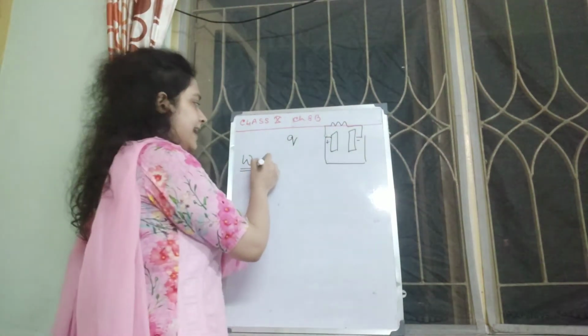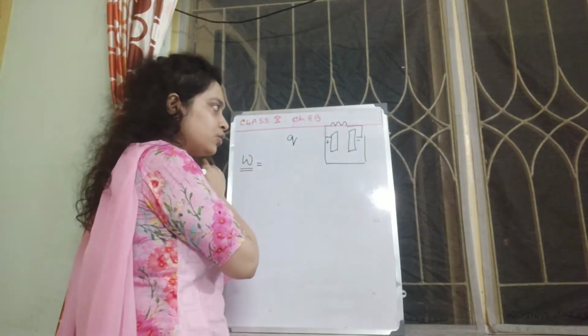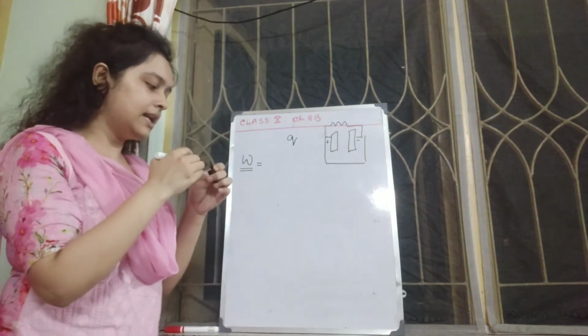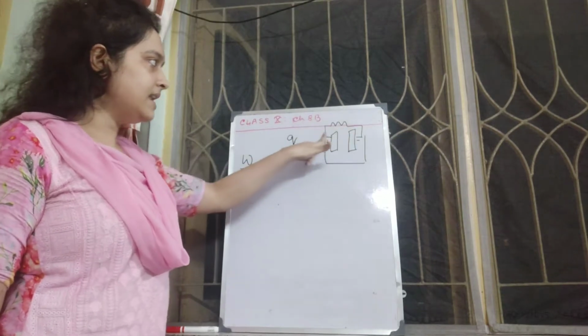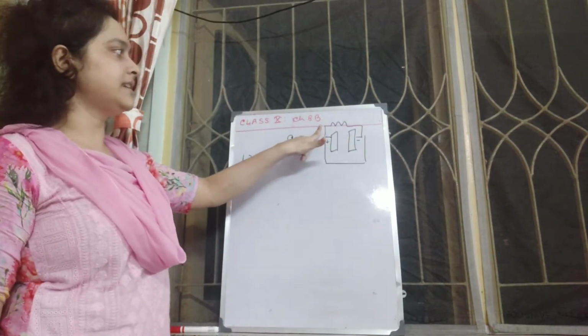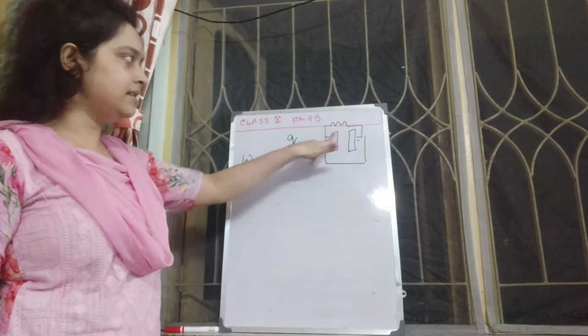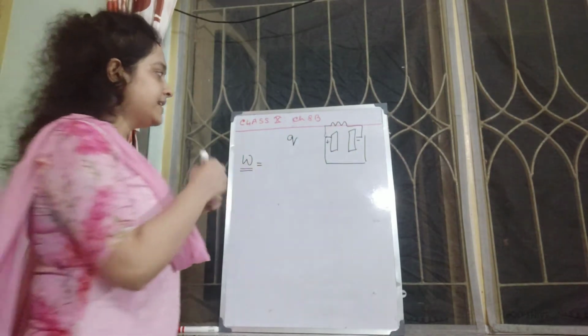Now, can I write this is equal to work done in moving the test charge Q outside the cell plus work done in moving the test charge Q inside the cell? Can I divide it like that?